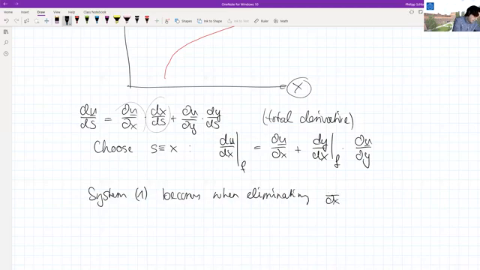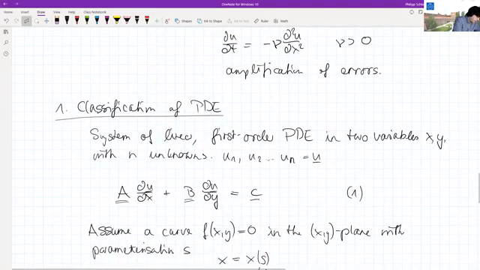Actually, no, it's the partial derivative, of course, what I'm doing. So it's this term, and I eliminate it together with this term.